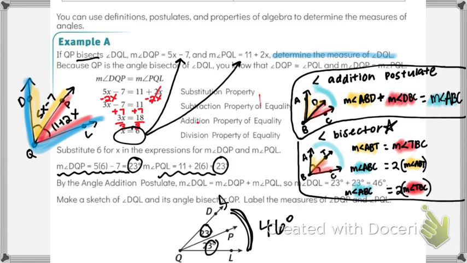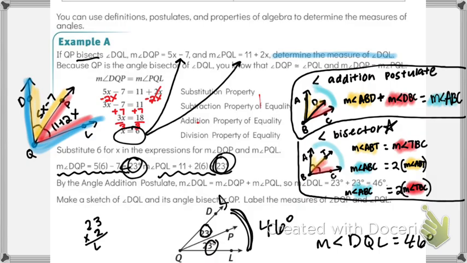So the measure of angle DQL is 46. You don't really have to do all that work, but it would be nice because it allows you to check your work. If you did it correctly, both of them would equal the same thing, which they did. They both equal 23. But really, you just have to do one of them and multiply that number by 2 to get that 46.